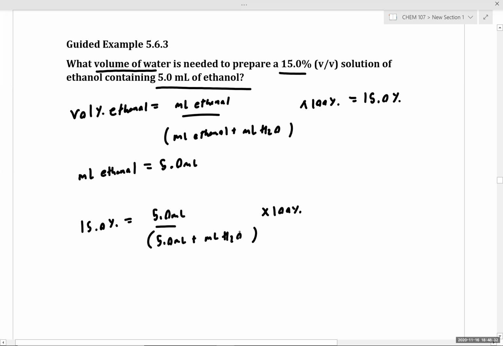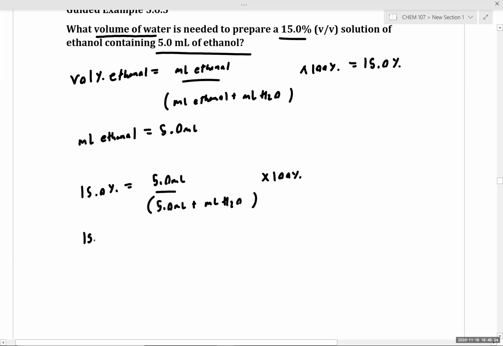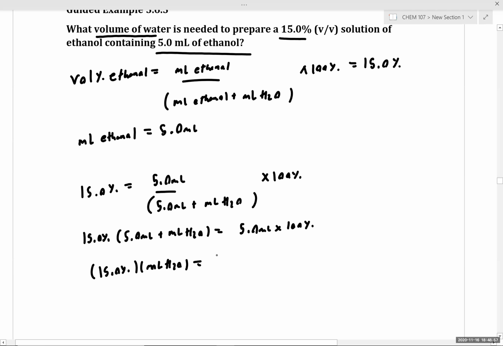So then, solving for the volume of water, we get 15.0% times 5.0 milliliters plus the milliliters of water is equal to 5.0 milliliters times 100%. So 15.0% times the milliliters of water is equal to 5.0 milliliters times 100% minus 15.0% times 5.0 milliliters.